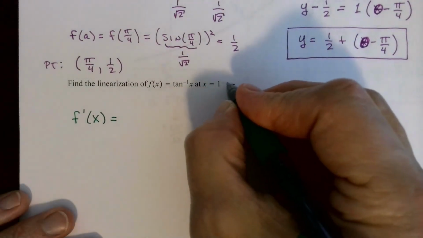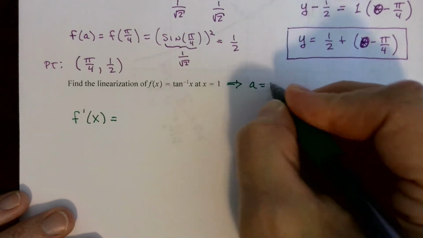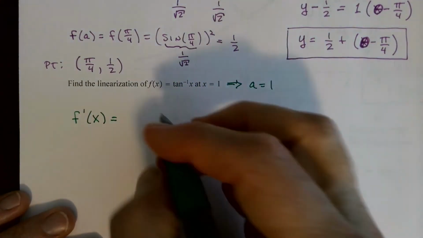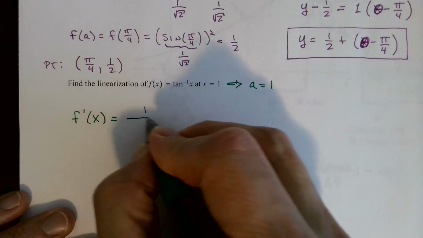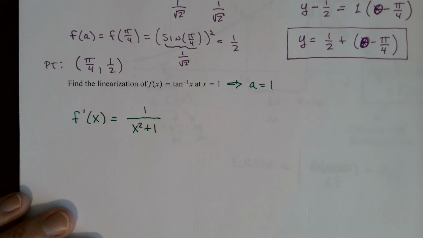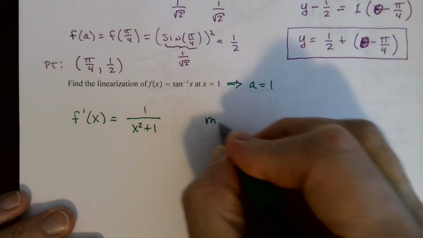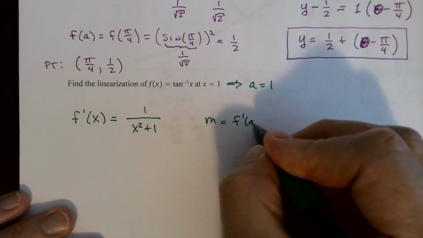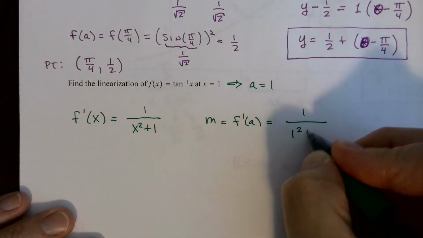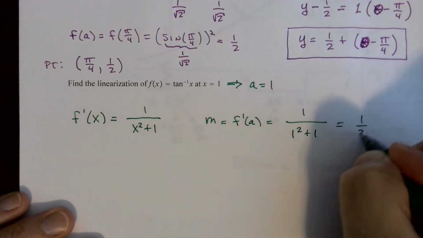So x equal 1 implies that a is 1. What's the derivative of the inverse tangent function? You should know that. We talked about that. There it is. So what's our slope? It's equal to f prime of a. So a is 1. I plug into the derivative at 1, and I get a slope of 1/2.